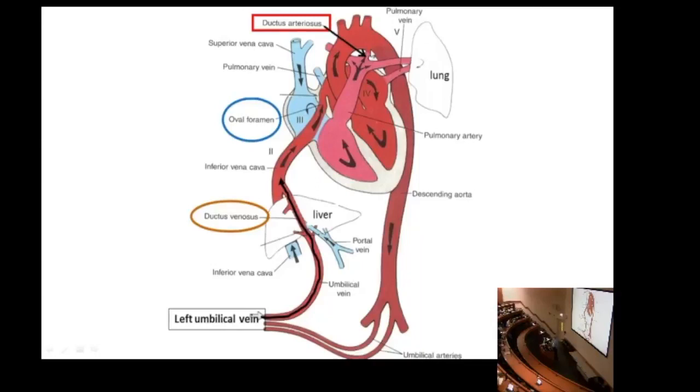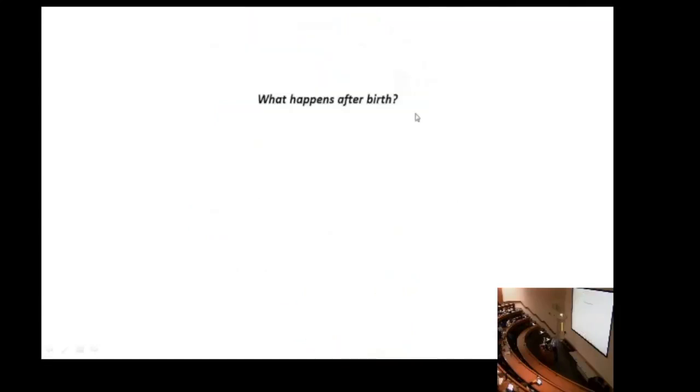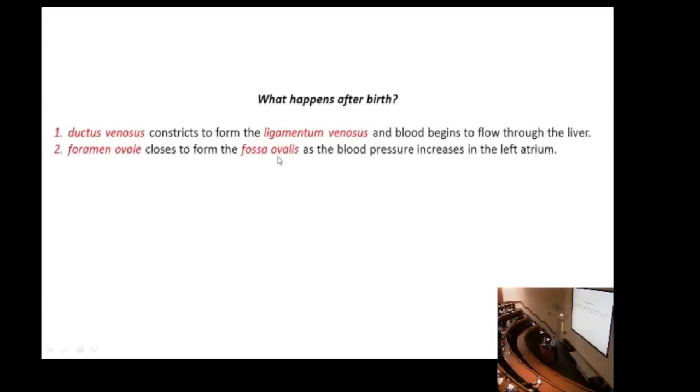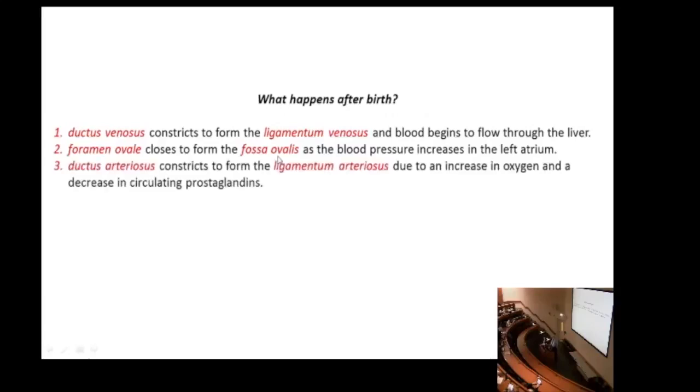The only reason blood needs to leak into the lungs is really for perhaps nutritional support. So you're born, you breathe in, and your ductus venosus becomes a ligamentum venosus. Your foramen ovale becomes a fossa ovalis, and you'll see it as a depression when you look in the right atrium. And the ductus arteriosus becomes the ligamentum arteriosus.